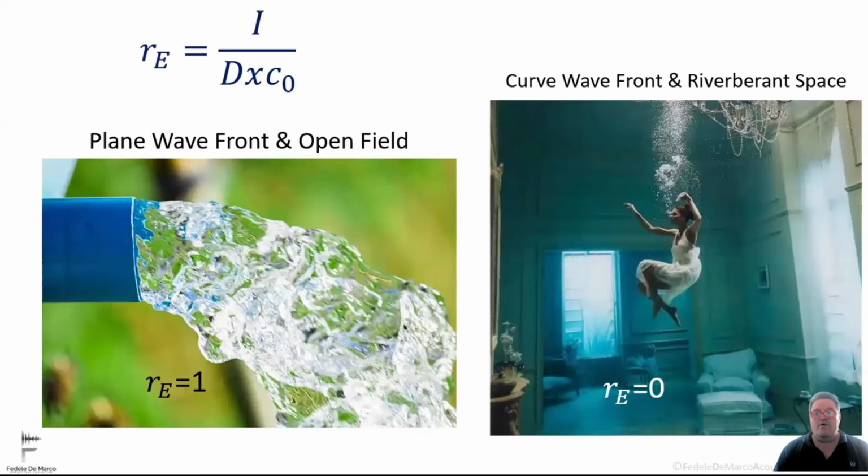We can describe a ratio between intensity and the product of density multiplied by the velocity of sound, C0, the so-called RE, that is equal to intensity over density times C0.